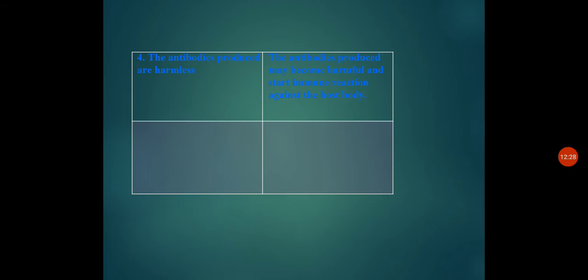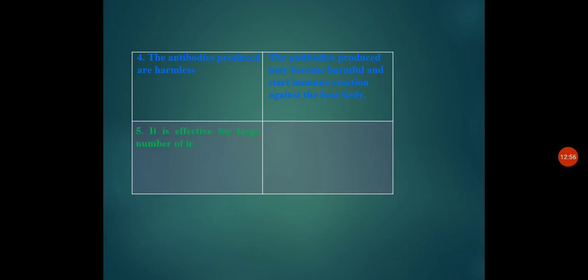Whatever protective components are produced inside your body only, you don't get allergic reactions. But in case of passive immunity, there is a chance of getting allergic reactions, because those antibodies are collected from some other animal. It may cope up with your system or it may not. If it does not cope up, then definitely you will get allergic reactions.